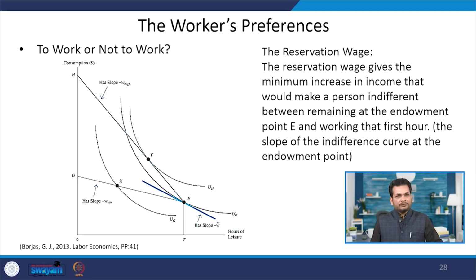In this graph, we are trying to explain the behavior of the individual, how he decides whether he should work or he should not work. Let us say the individual has some amount of non-labor income. So, he is at the endowment point, point E.